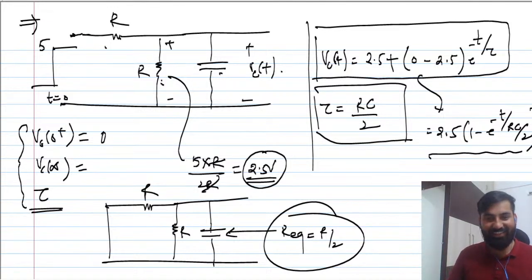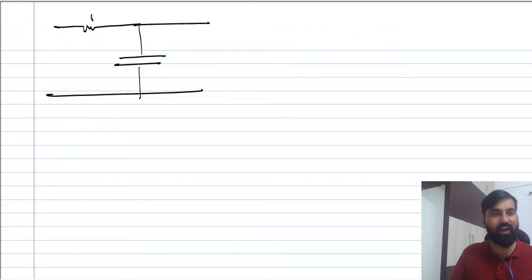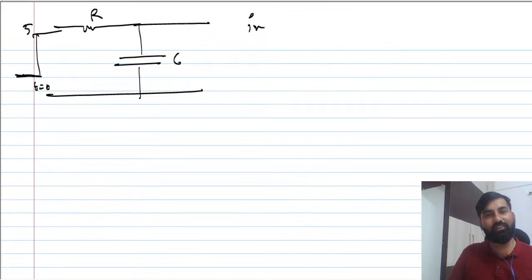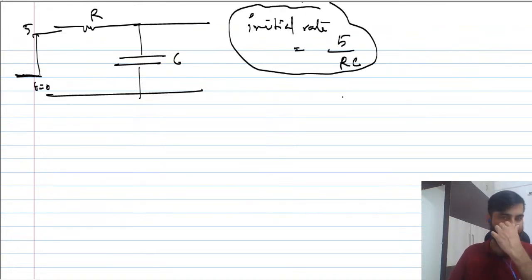Like we have calculated last time, for this circuit with R and C, suppose the input is 5 volt at t equal to 0, a step I am applying. The initial rate or initial slope we got here is 5 by RC, I mean the input upon the time constant of the circuit.